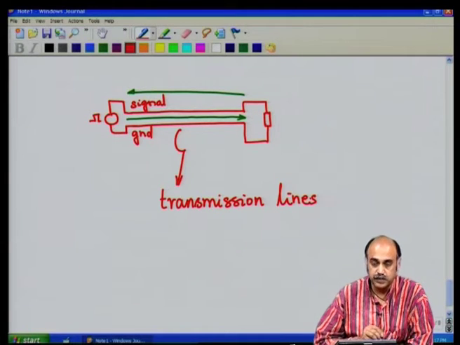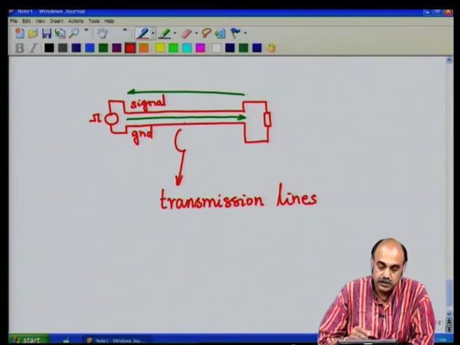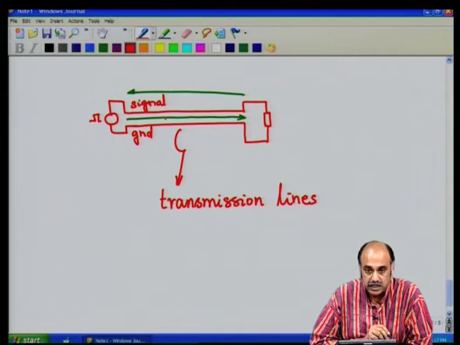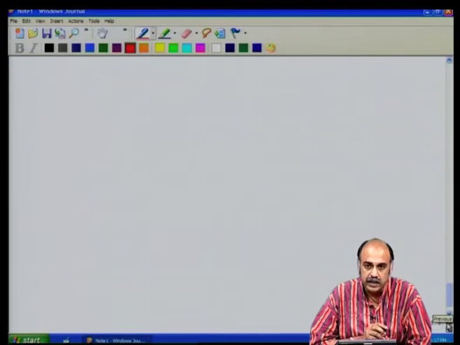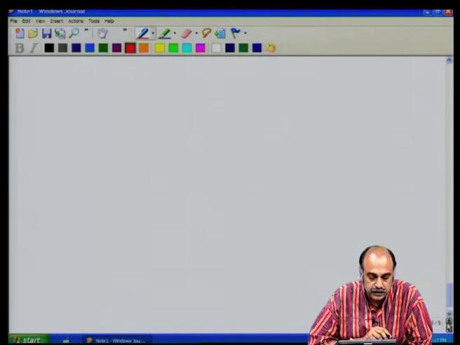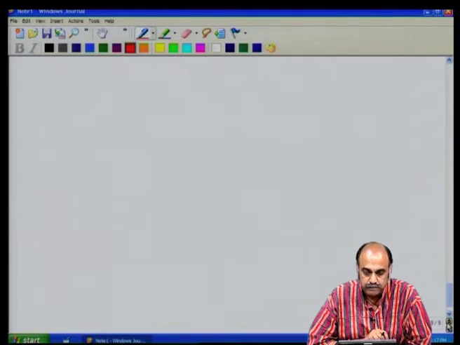Transmission lines and transmission line effects, where we study the reflections due to impedance mismatches, where we do not have impedance matching. So, it is good to have an idea of what is happening due to the reflection in high frequency circuits, so that we may take some corrective measures at least.